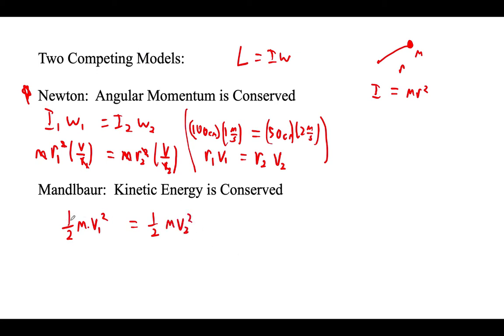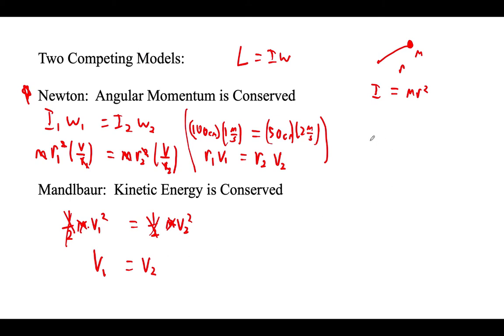Well, the half is the same on both sides, m is the same on both sides. Square root both sides, v1 equals v2. So what he says is that the velocity stays constant, but because it's got a smaller distance to travel, it just looks like it's going faster.